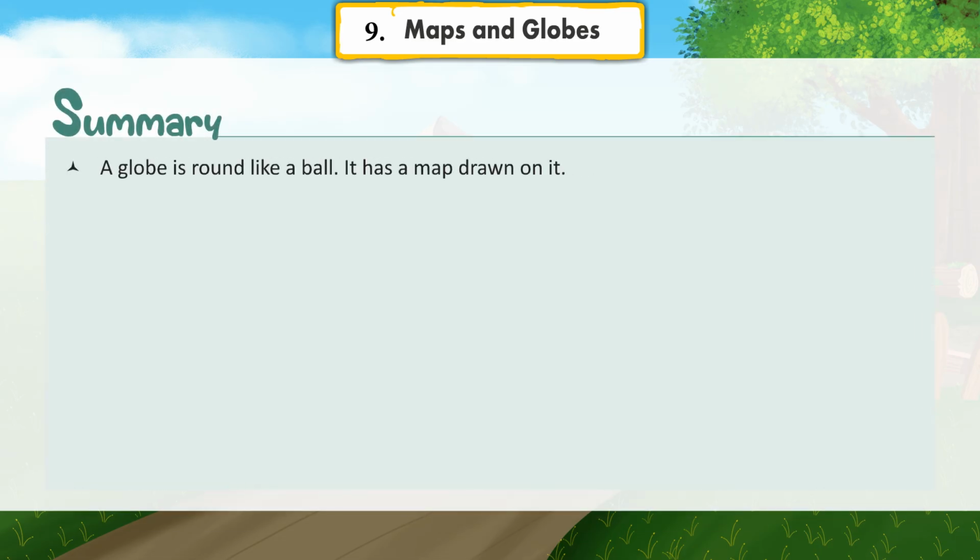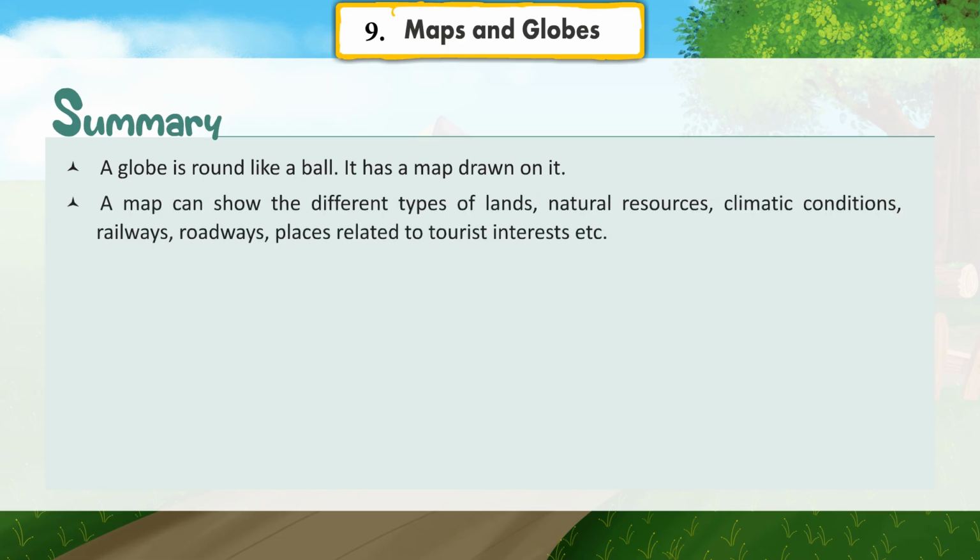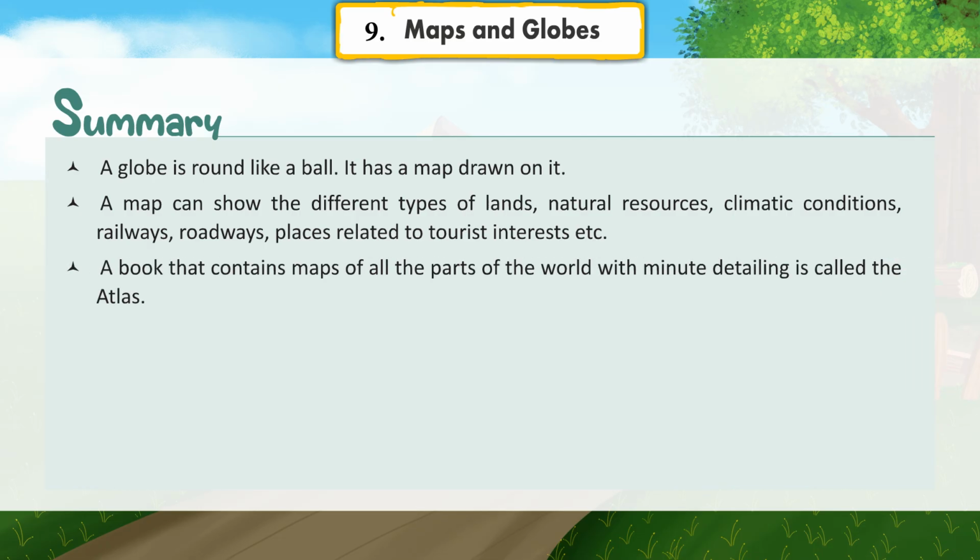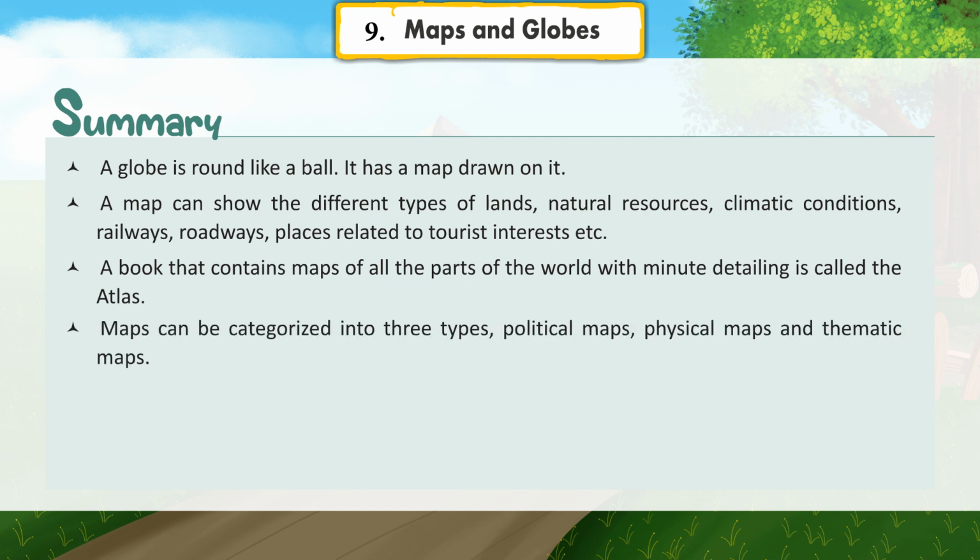Summary. A globe is round like a ball. It has a map drawn on it. A map can show the different types of lands, natural resources, climatic conditions, railways, roadways, places related to tourist interests, etc. A book that contains maps of all the parts of the world with minute detailing is called the Atlas.